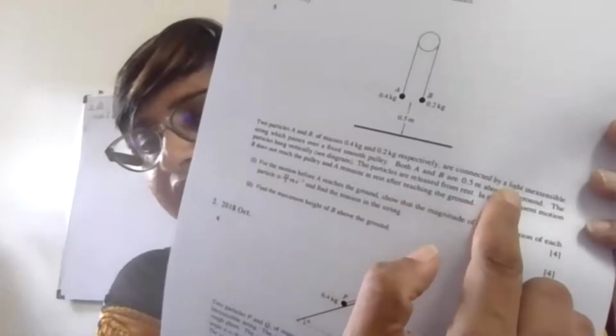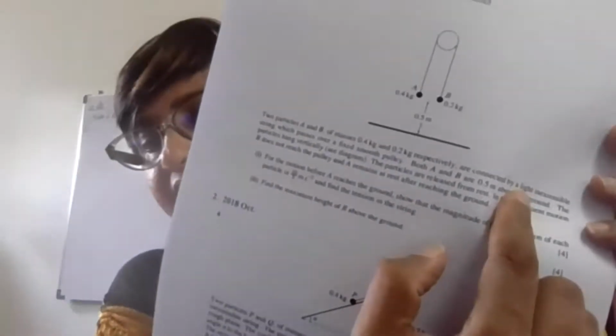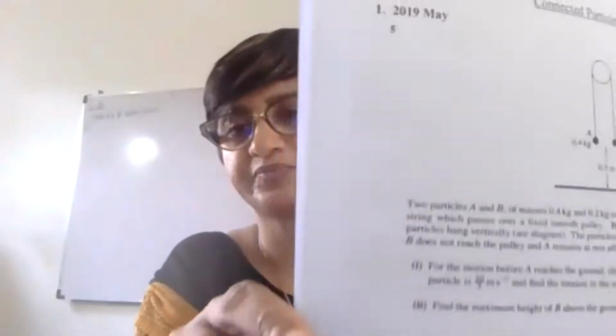And also they will always say that it is light and inextensible. Light means we don't think of the weight of the rope acting on these particles. So all that is ignored. Our system is only the 2 particles. So this is one example for connected particles.